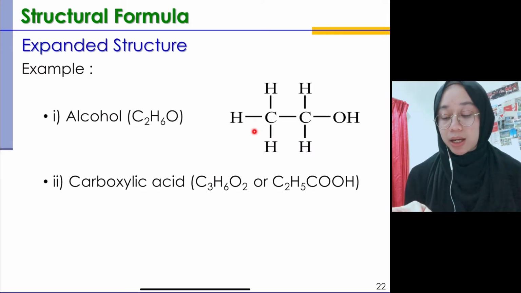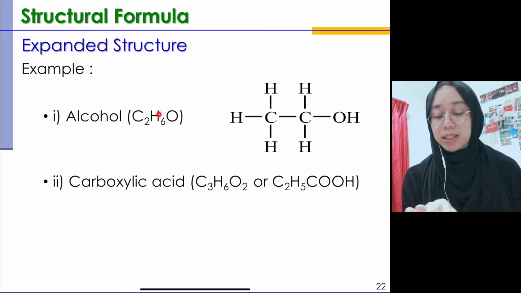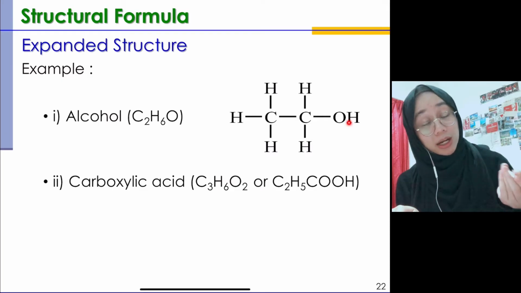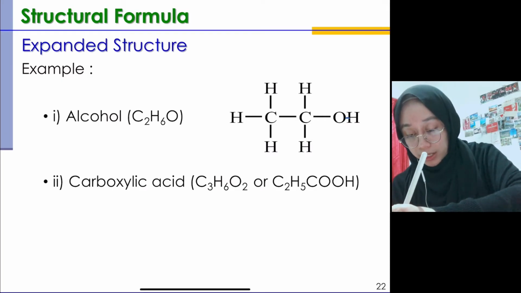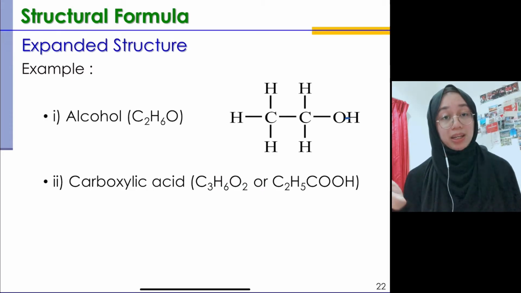Okay, so in this case here, C2H6O. Okay, so in this case ini adalah alkohol sebenarnya. So dia ada OH. Cuma dekat sini, tolong betulkan dalam nota kamu. Supposedly dia ada tunjuk bond juga dekat situ, sebab nama pun expanded. So you need to expand everything including between O dengan H ni pun kena tunjuk bond juga.